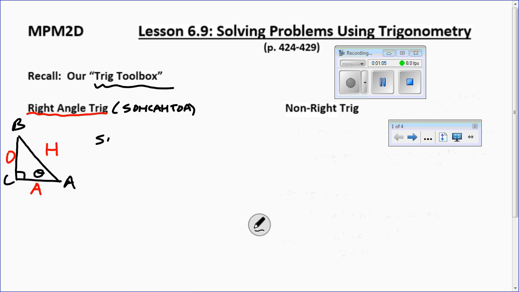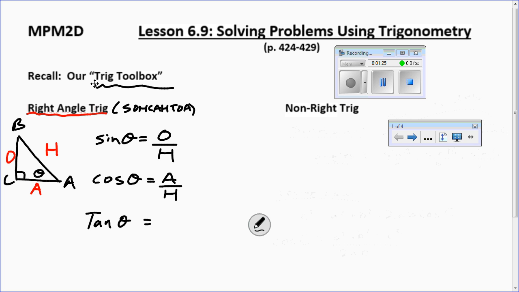Sine of theta is always going to be the opposite over the hypotenuse. Cosine of theta, based on SOHCAHTOA, is the adjacent over the hypotenuse. And tangent of theta is going to equal opposite over adjacent.